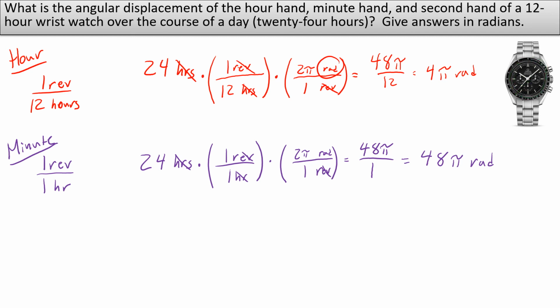Okay, you might say, well, the second hand goes around once every minute. So you could use that. 1 revolution is equal to 1 minute. Now, if you do it this way, we're going to have to add another term when we're doing our unit conversion, but let's see what that looks like. Again, pause the video here and see if you could try it out on your own.